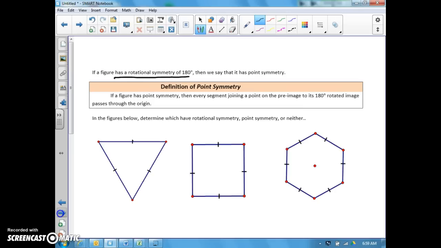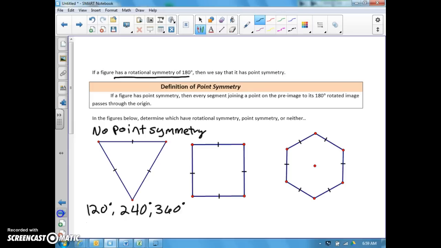So here, this triangle does not have point symmetry because it has symmetry at 120 degrees, 240 degrees, and 360 degrees, but it does not include 180.